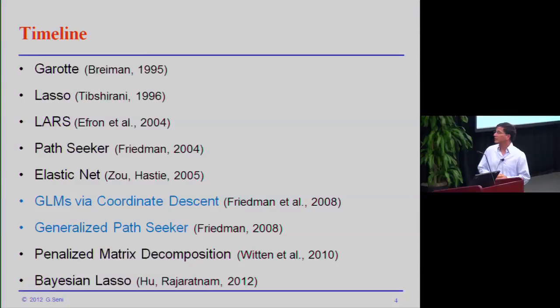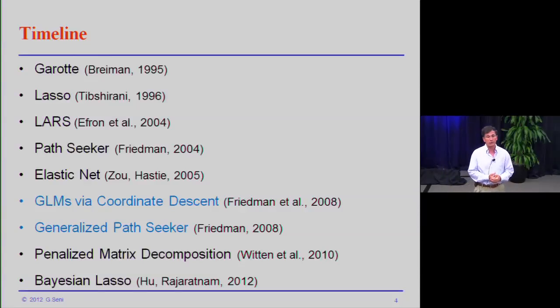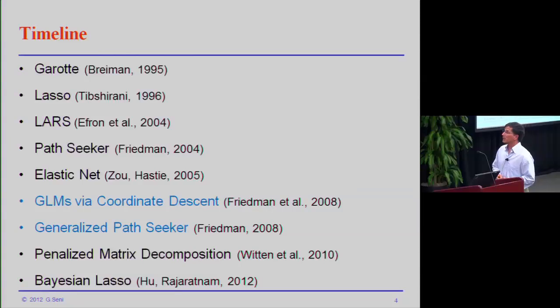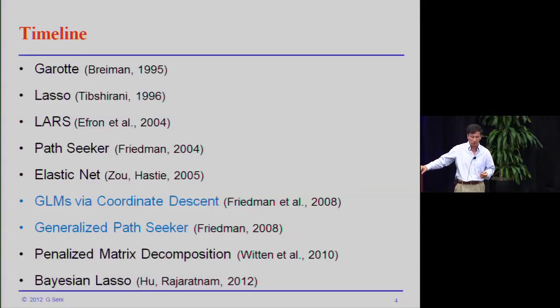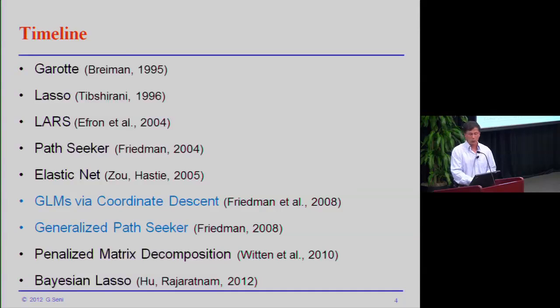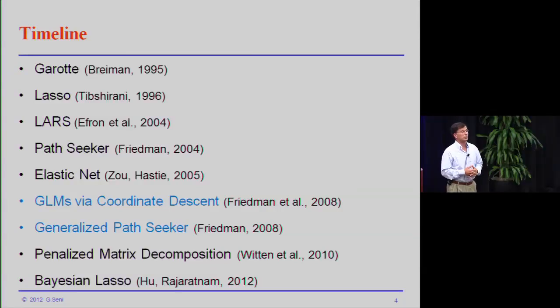Then the LARS algorithm by Efron provided a very efficient way of computing the lasso coefficients for a particular error measure, the squared error. The path-seeker algorithm of Friedman used a gradient descent approach, which allows computing regularized coefficients for other error measures beyond squared error loss. Then ElasticNet is one example of what we will describe tonight as bridge regression.